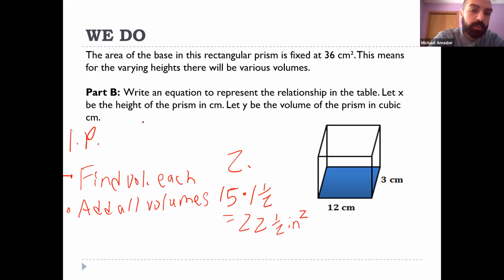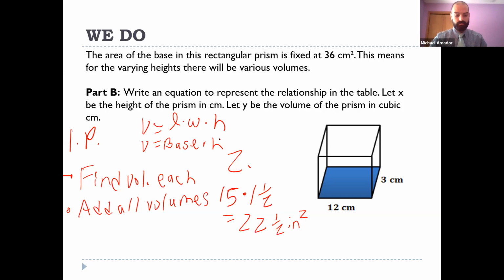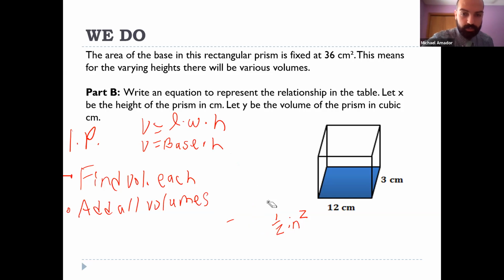And I might throw up here a reminder that volume is equal to length times width times height, which is the same thing as base area times height. If you go through and follow the step-by-step process for number 3, you would eventually get to the answer of 405 cubic inches.